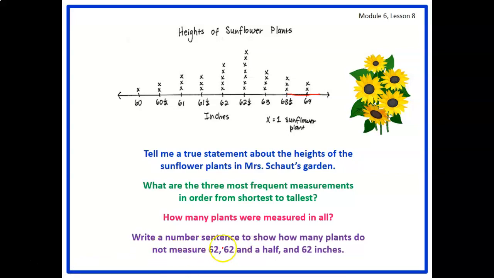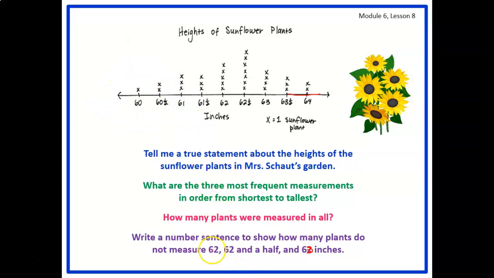Oh, but here, write a number sentence to show how many plants do not measure 62, 62.5, and... What? Write a number sentence to show how many plants do not measure 62, 62.5. I think that's supposed to say 63, maybe, because that doesn't make any sense otherwise.